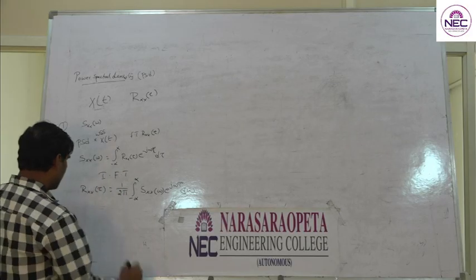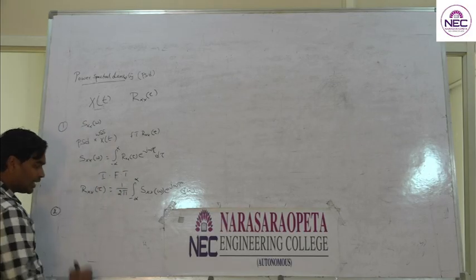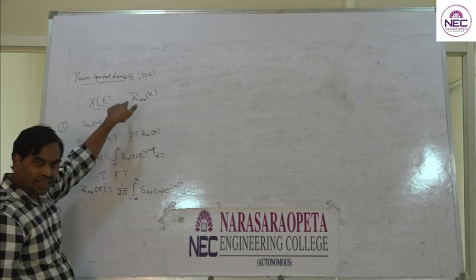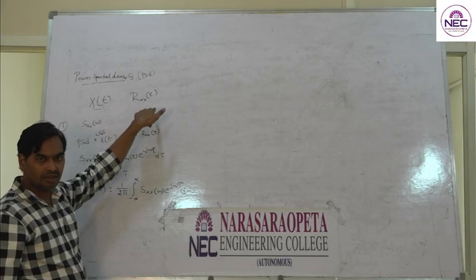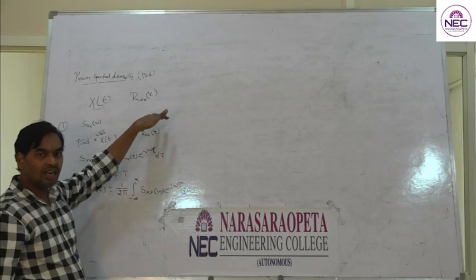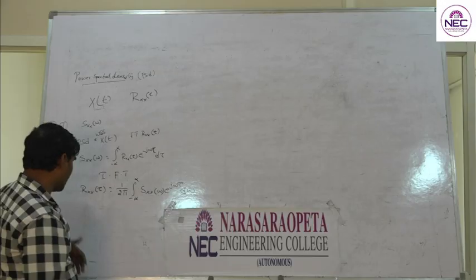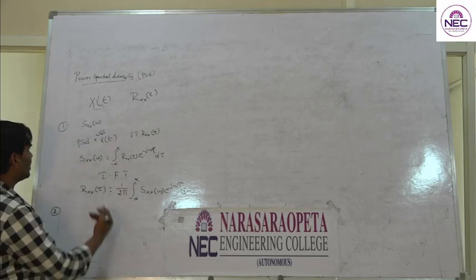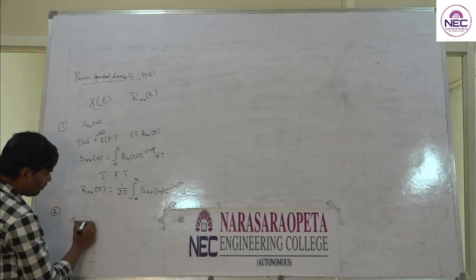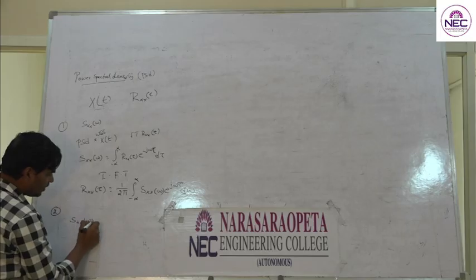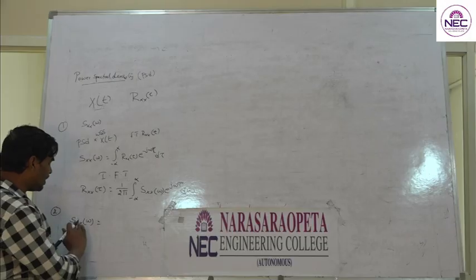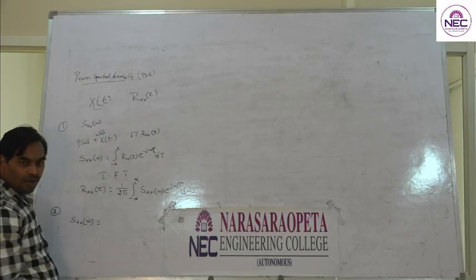Okay, so this is the first definition. And coming to the second definition, as we have said that x of t is a wide sense stationary random process, that is already defined. So for this, how are we going to get the power spectral density, Sxx of omega? Sxx of omega is nothing but the representation of the power spectral density.